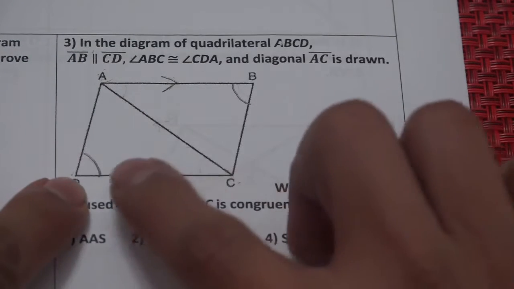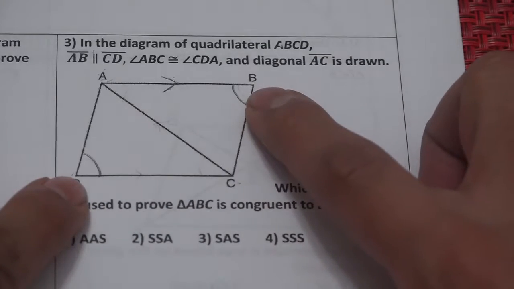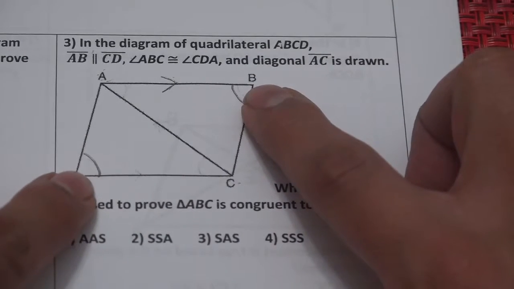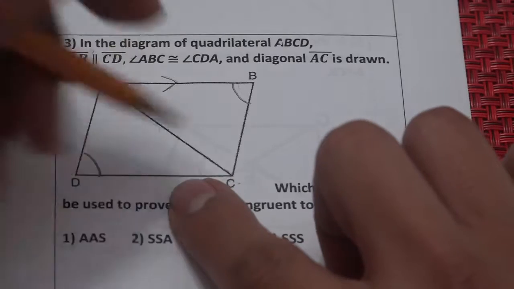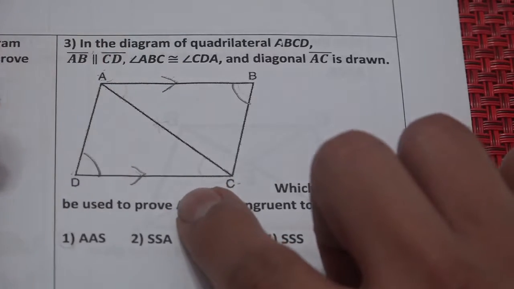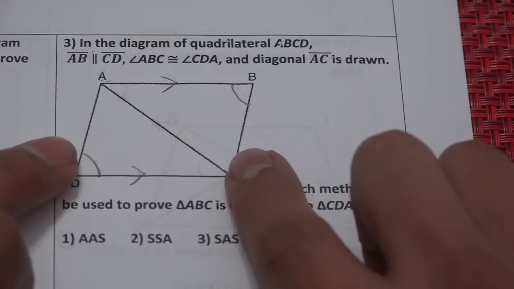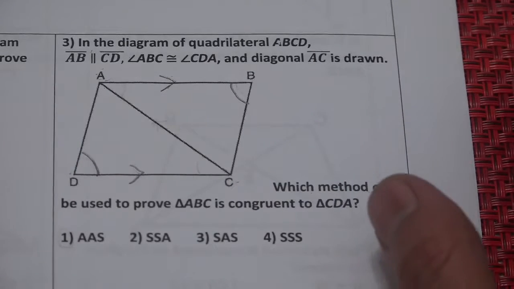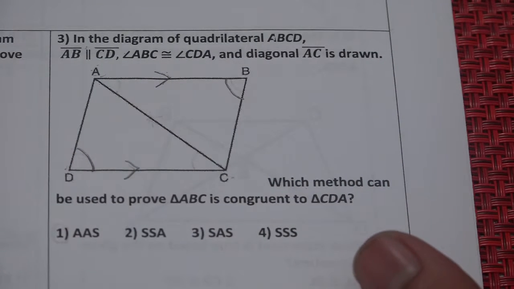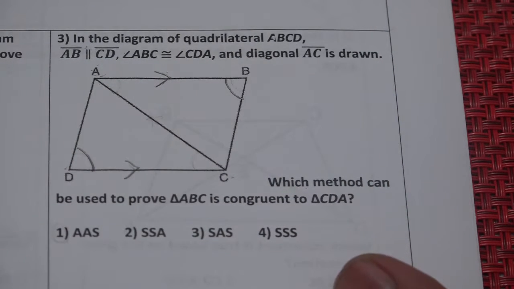Wait, opposite angles are congruent, and this is parallel to this. Yo, this is a parallelogram. Okay. Anyways, let's not jump to conclusions.